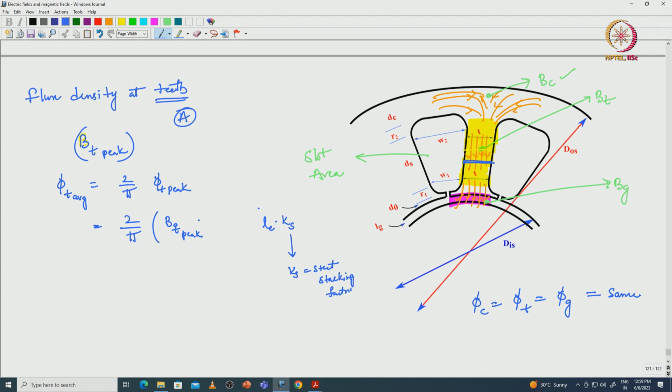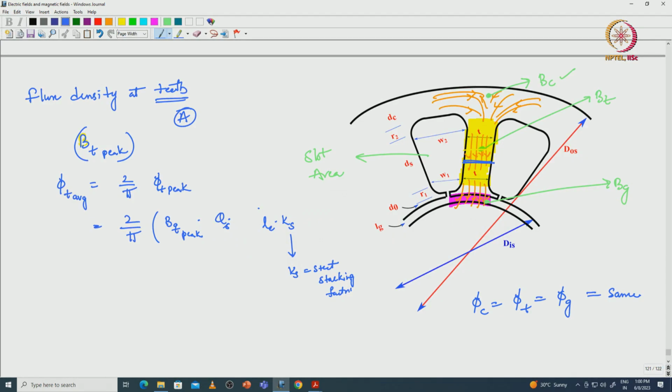T is the width of a single teeth, like that n number of teeth are there on the stator circumference. We can see here T is the width of one particular teeth. So how many teeth are there over a circumference is nothing but Qs, the number of stator slots, into T. Then the teeth length we have identified in a complete stator circumference.